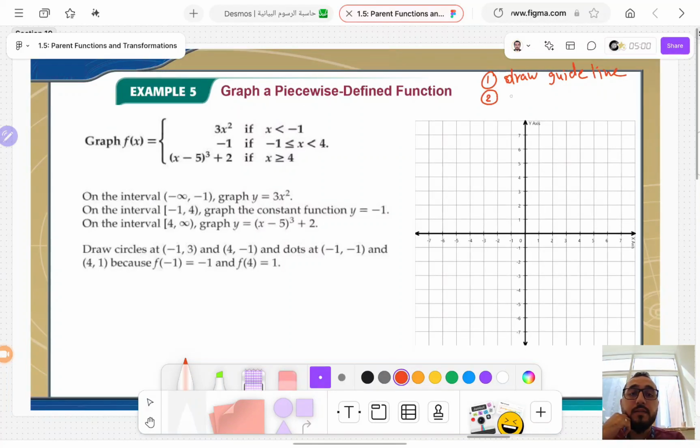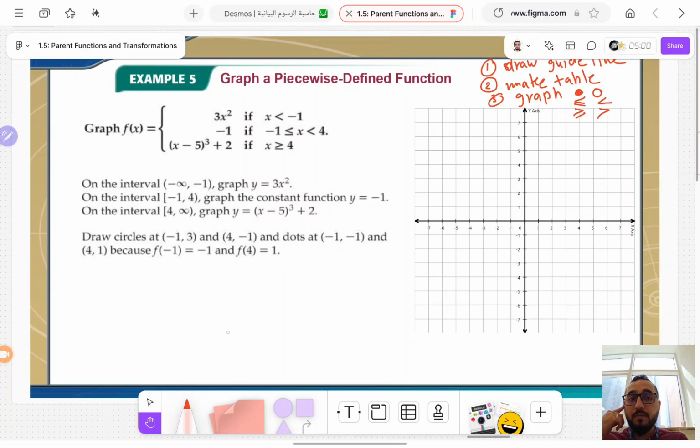Then step 2, make a table. Number 3, graph, and make sure from the inequality if it's closed or open. If it's closed, we use this type of inequality. If it's open, we use this type of inequality.